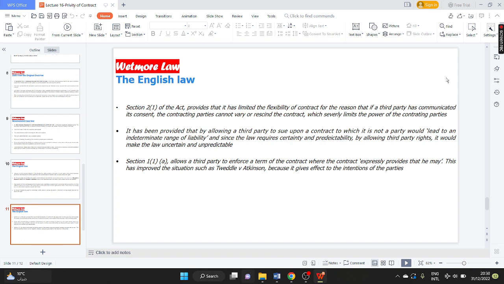And since the law requires certainty and predictability, allowing third party rights would make the law uncertain and unpredictable. Section 1(1)(a) allows a third party to enforce a term of the contract where the contract expressly provides that he may. This has improved the situation in cases such as Tweddle v Atkinson because it gives effect to the intentions of the parties.